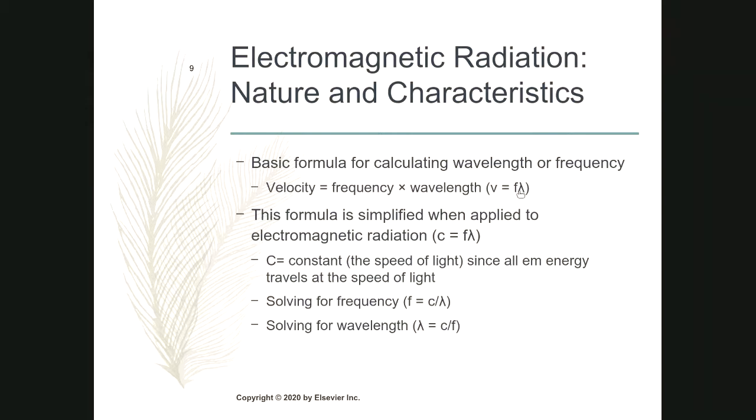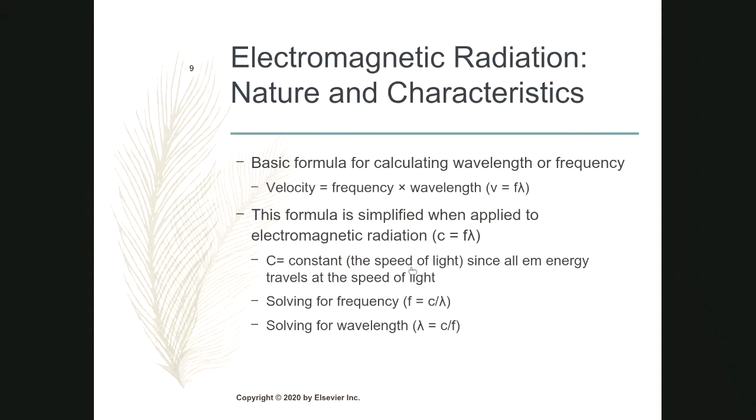So frequency times wavelength gives you velocity. But when we talk about electromagnetic radiation, remember that our velocity is constant, so the constant is equivalent to the frequency times the wavelength. When we say the constant, it's the speed of light.